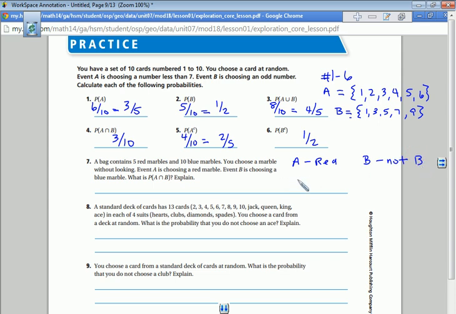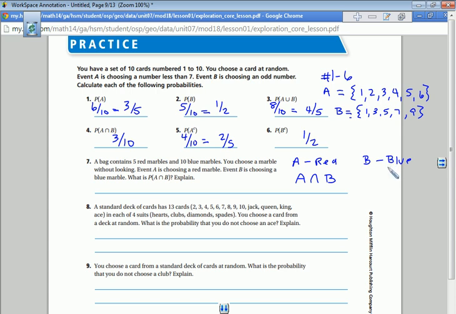So we want the intersection of A and B. Which marbles are red and blue at the same time?